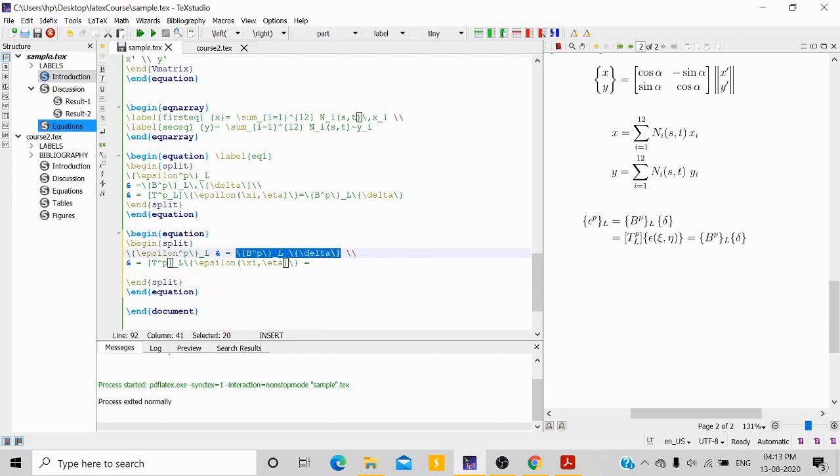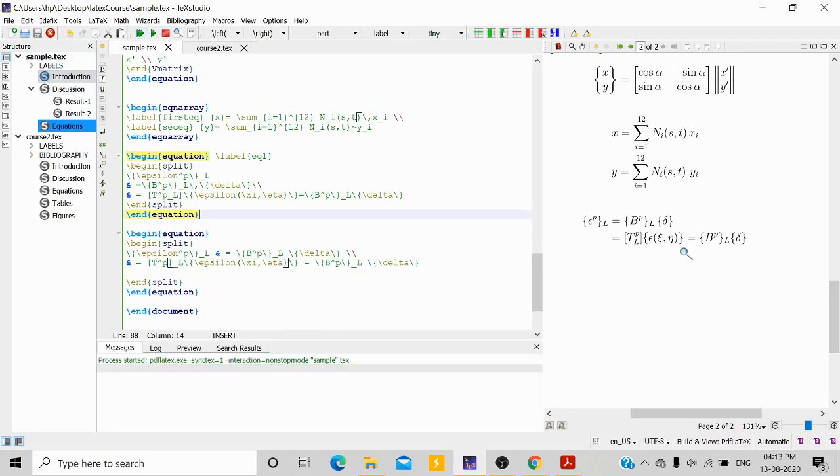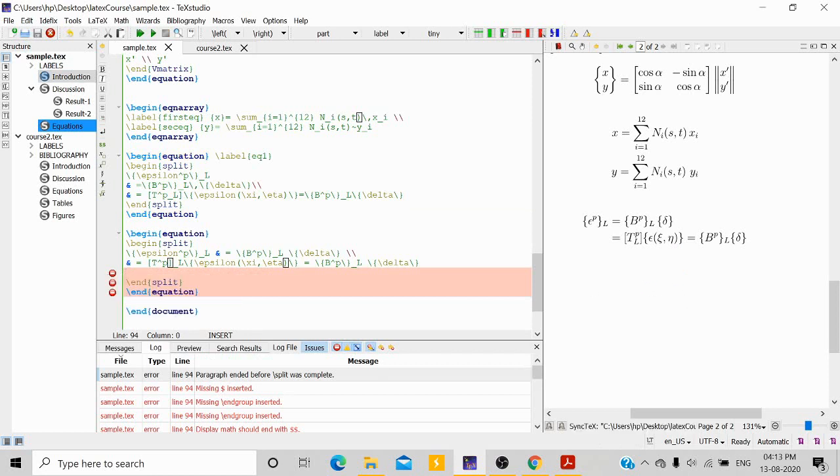I'll copy here. Let me delete this. Okay, there's some error here. Backslash begin split and end split.